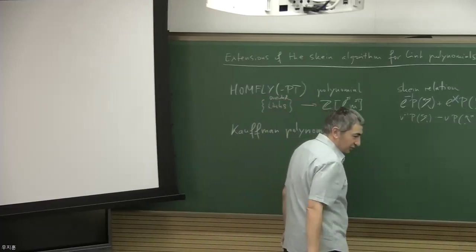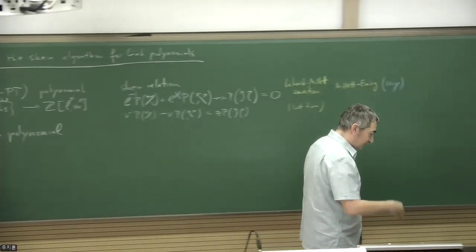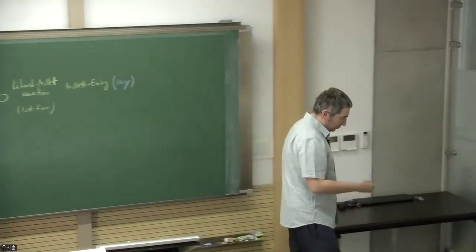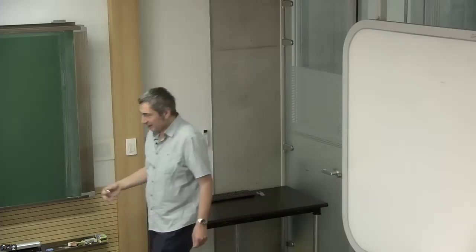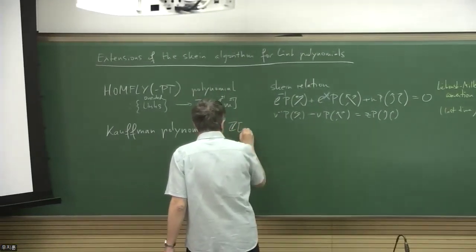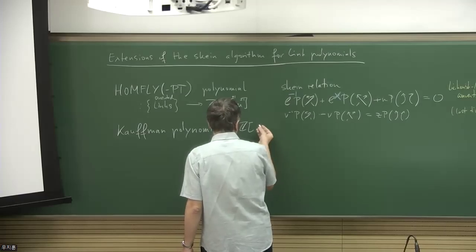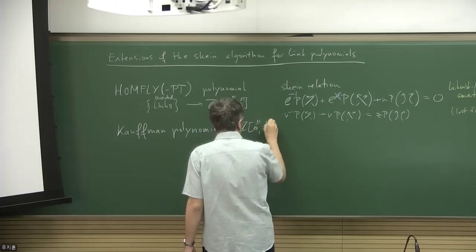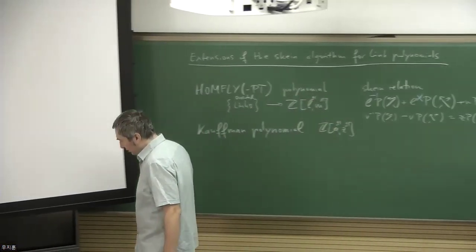I explained this, of course, last time. There is also another polynomial in two variables, which is called the Kauffman polynomial, and this is similar to the skein polynomial.